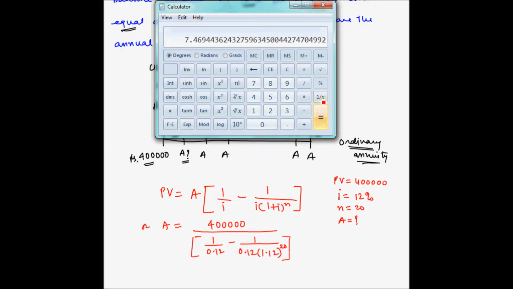Now again, this is 1 by x because this is in the denominator, and then multiply this by 400,000.